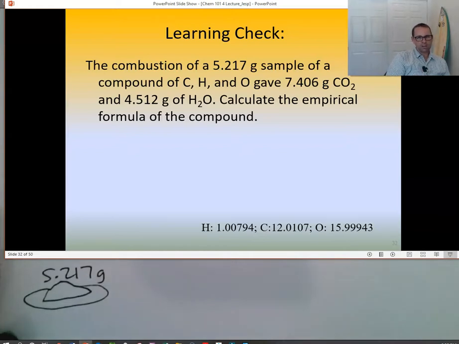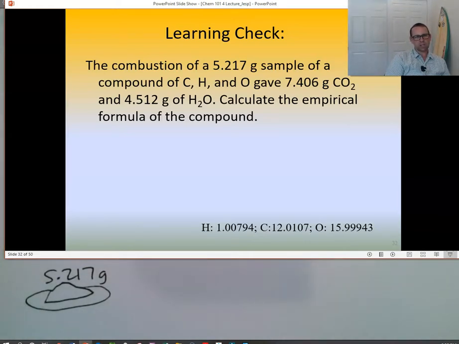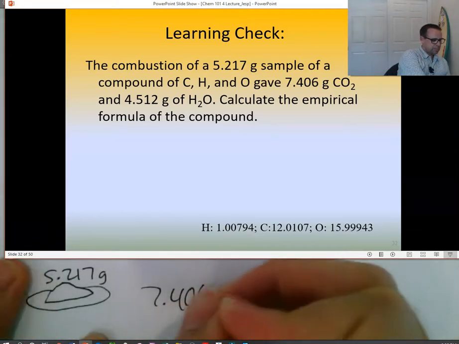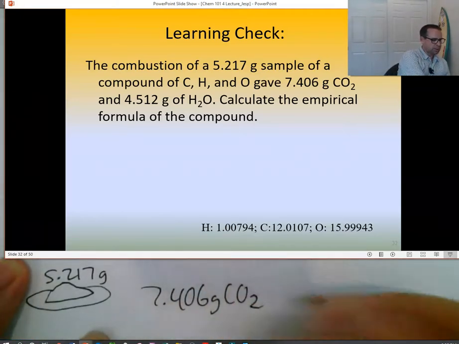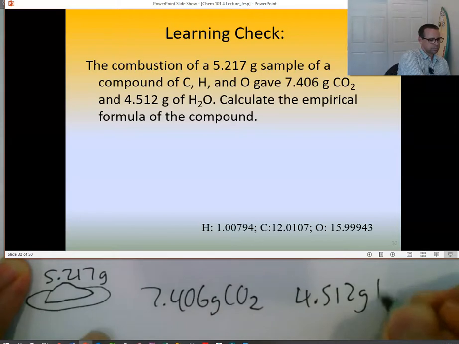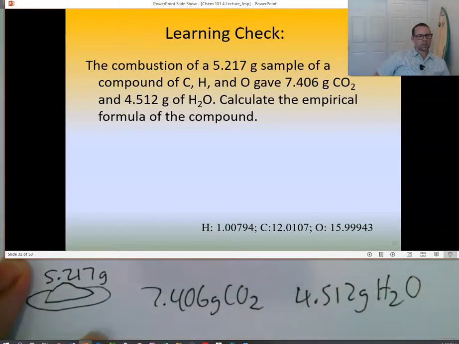And when I burn it in the presence of lots of oxygen, how much carbon dioxide do I get? 7.406 grams of carbon dioxide. How much water? 4.512 grams of water. Very good.